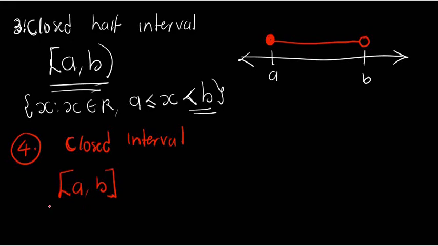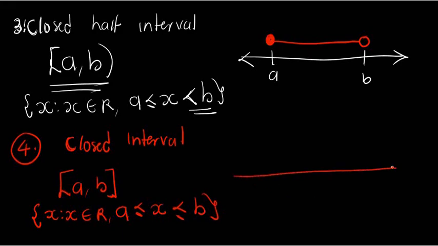If A and B are included, you write x is such that x is a member of the real numbers, A is less than or equal to x, and x is less than or equal to B. On the number line, it will look like this: this is A and this is B, with a full dot on this side and again a full dot on the other side, like this. So this is the closed interval.